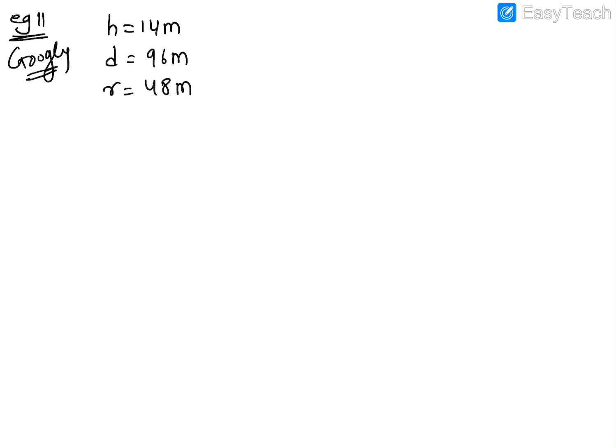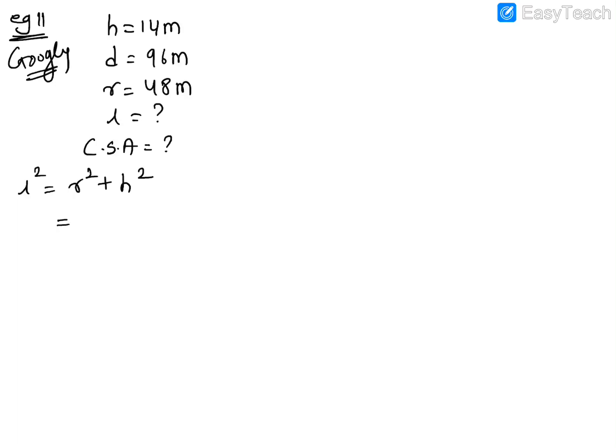So guys, what we'll do, first let's find out the slant height, and let's find out the CSA of the tent. These two things we'll do first. So first, L squared is equal to R squared plus H squared.